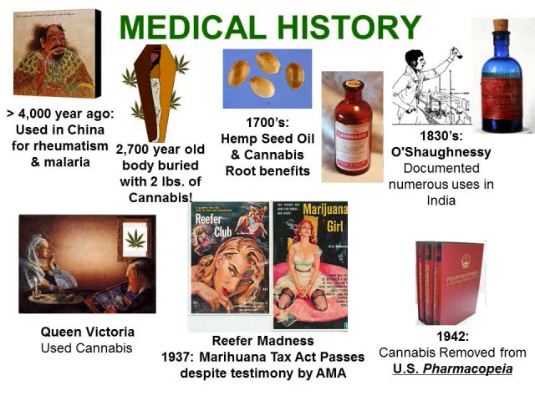We know that hemp seed oil and cannabis root was used in the 1700s for a lot of different things. And in the 1830s, an Irish doctor, William O'Shaughnessy, was practicing in India. And he noticed that they were using cannabis for all sorts of things in India, for pain, for nausea, for convulsions.